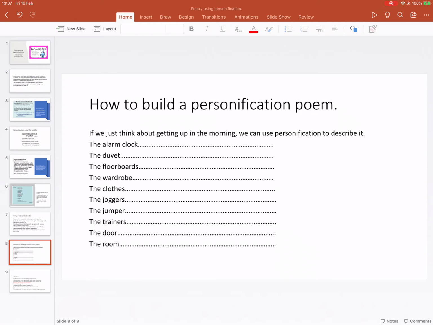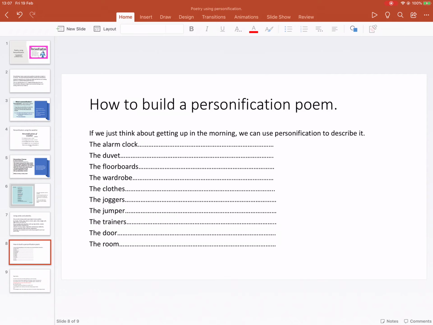So this is just getting up in the morning from your alarm clock ringing, pushing your duvet back, walking across your floorboards to the wardrobe, grabbing your clothes, putting on your joggers, your jumper, your trainers, going to the door, and then the room sighs as it falls silent once more. So you can really see that you can use the kind of language that we use to describe these objects.